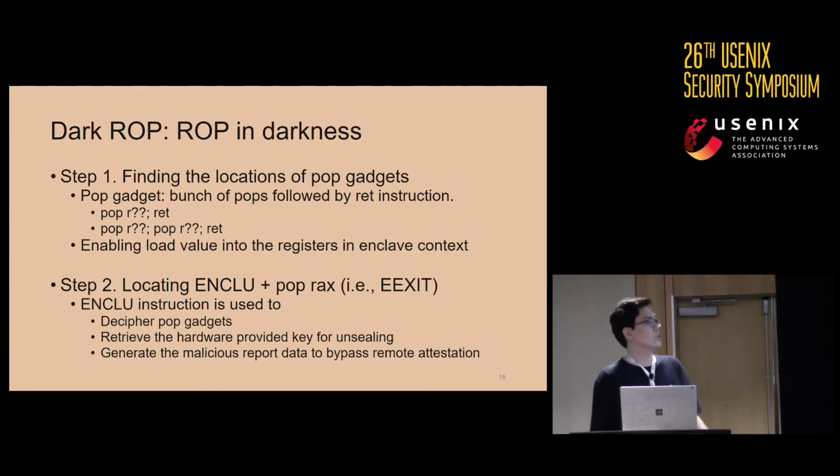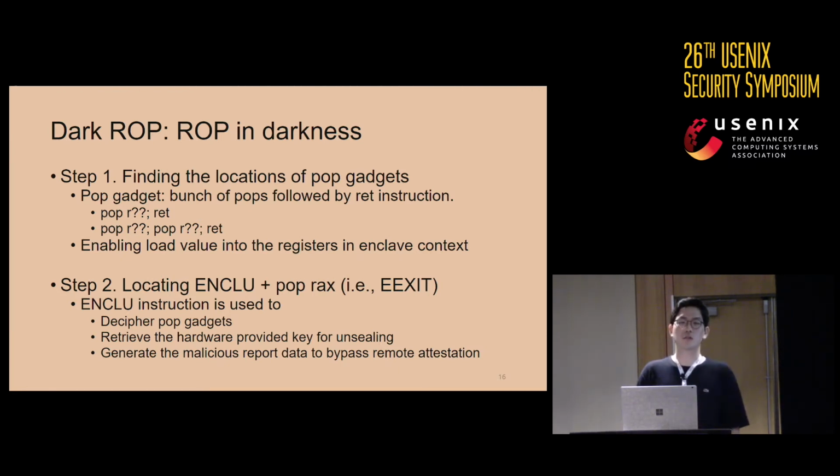So using this gadget, we can load values into the registers in the enclave context. After we find all pop gadgets, we will locate an ENCLU and pop RAX return gadget one by one. Here, the ENCLU instruction is used to decipher the pop gadgets that we found at the first step, and we can use this instruction to retrieve the sealing key for unsealing, and we can also generate malicious report data to bypass the remote attestation.